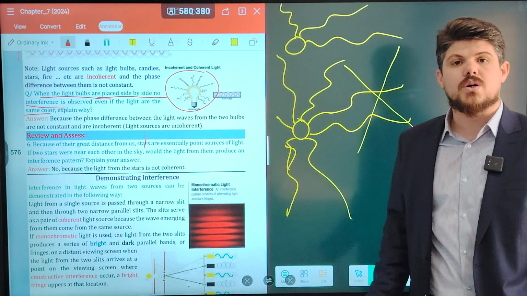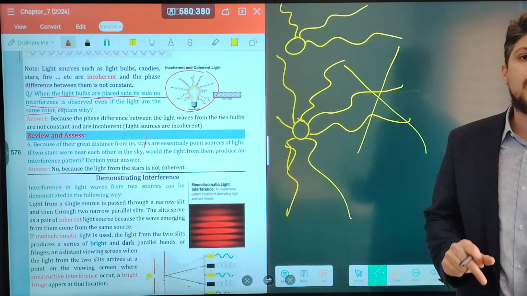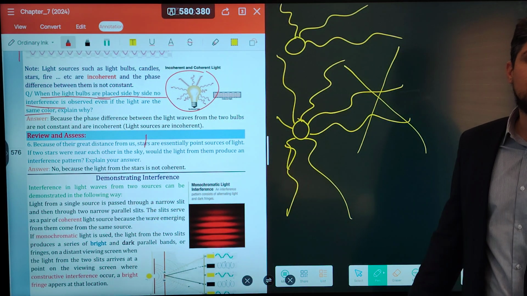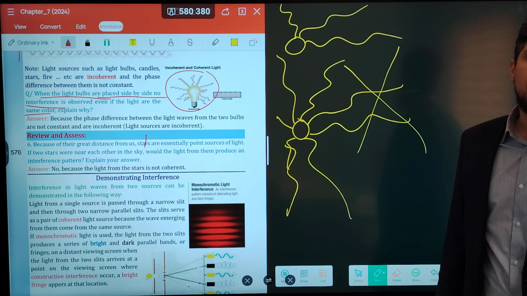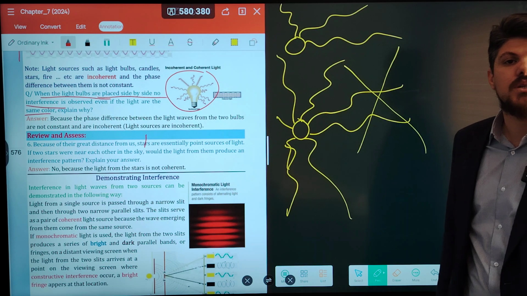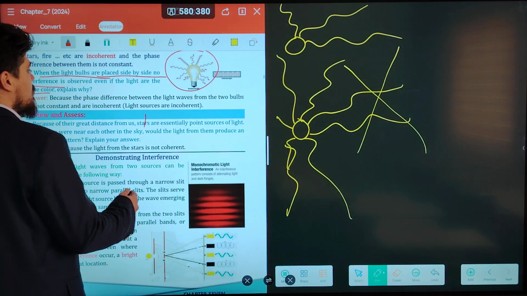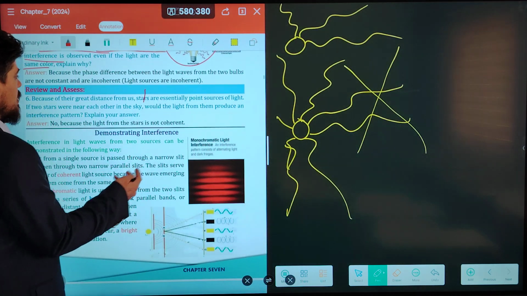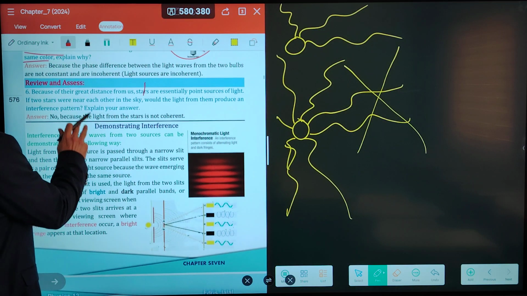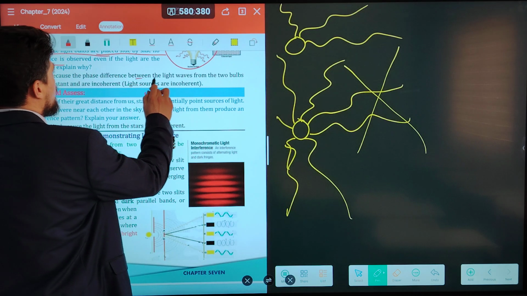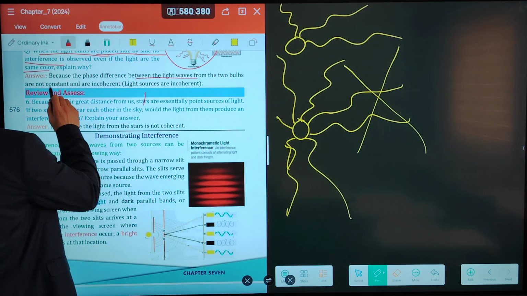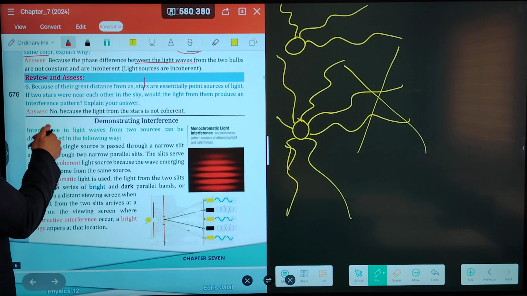Why? Because they are not coherent. When do two lights with the same color, from the same source, interfere with each other? If they pass through the double slit barrier. Okay, we will study the double slit interference here and demonstrate the interference. Because the phase difference between the light waves from the two bulbs is not constant, or incoherent.